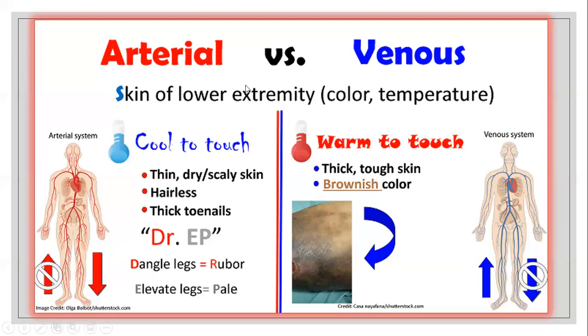So in case of venous, we can see the warm to touch, thick and brownish in color. Keep it in note, peripheral vascular disease, the term can include any disorder that affects any blood vessel except heart and brain. It is often used as a synonym for peripheral vascular disease.